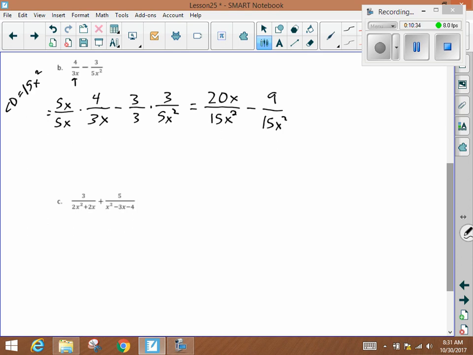We'll combine those and that becomes 20x minus 9 over 15x squared, and we're done. We could take this one step further, but I prefer to leave it like this.